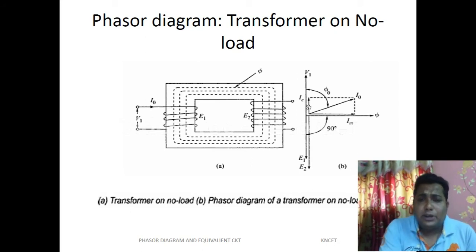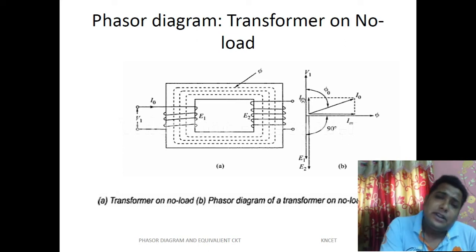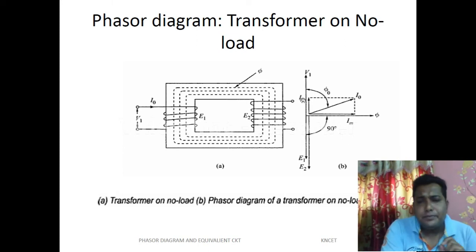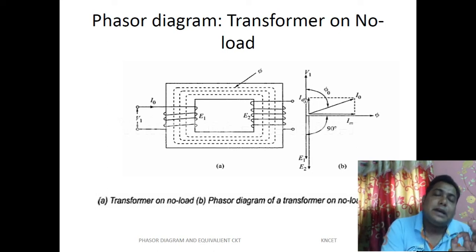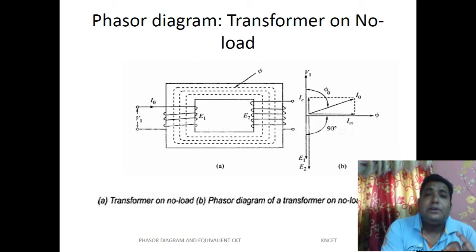Now the next component, IC. See why we have drawn IC over here. IC is the current passing through the resistive property of the coil, and we know that when some voltage is applied to a resistance, and due to that some current flows through the resistance, the voltage and the current have no phase difference.